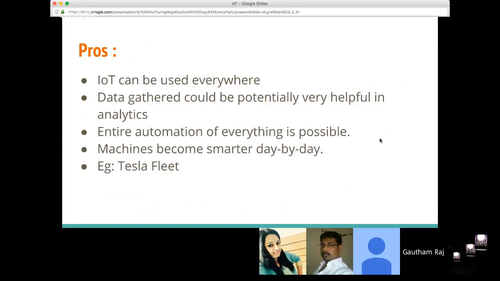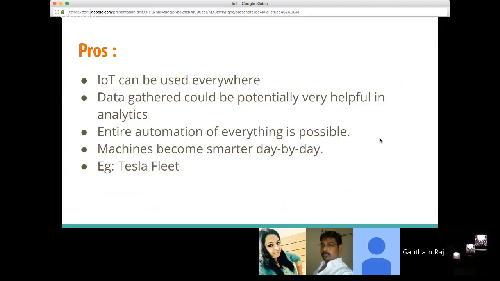Okay, pros. As you see, IoT can be used practically everywhere, in every aspect of life. Data gathered from IoT can be very helpful in analytics, because everything is analytics in today's world.